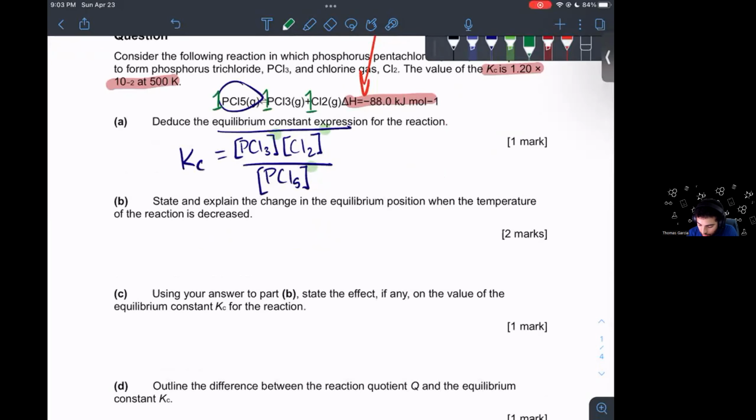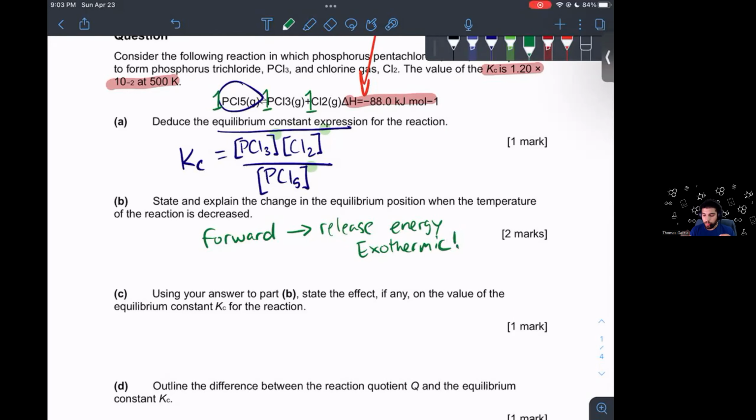All right. State the change in equilibrium position when the temperature of the reaction is decreased. Well, this is perfect. We already know that when the reaction progresses forward, we release energy, which is exothermic.